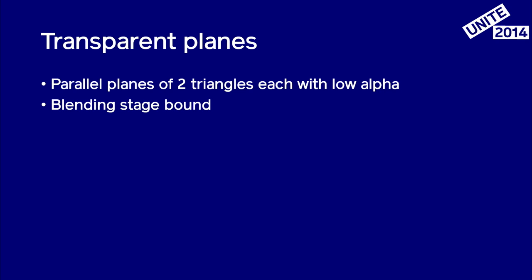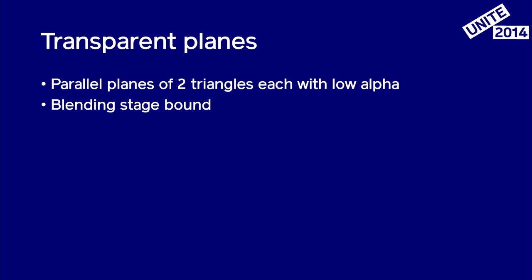Another very, very important point is transparent planes. These are the transparent objects you all know and love. You use them for trees, you use them for many objects. However, transparent objects are really, really heavy on the GPUs.